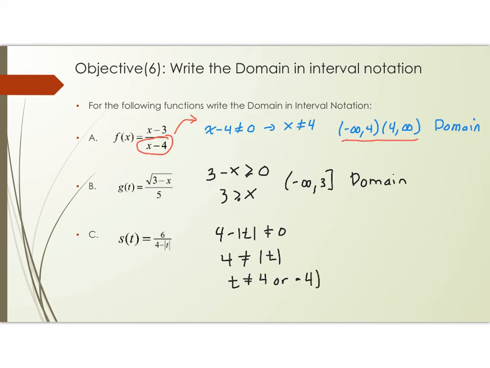So here we have the domain negative infinity up to negative 4, then negative 4 comma 4, then 4 comma infinity. So we've broken up the domain into 3 different places because t cannot equal 4 or t cannot equal minus 4 in this particular case.